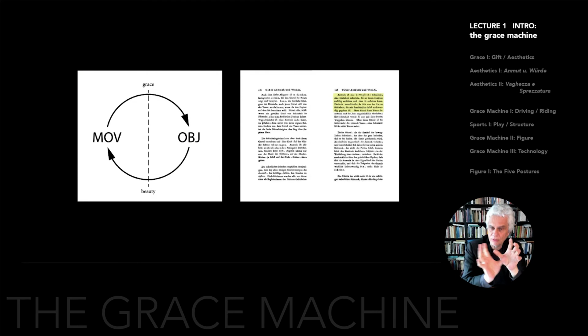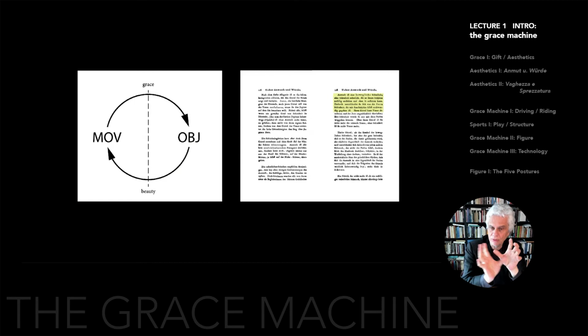So we have now grace and beauty as the central pair of aesthetics, not beauty and sublimity. Sublimity somehow is expelled to the outside. It's on the side somewhere, right? Obviously, beauty involves sublimity, but sublimity does not involve beauty.